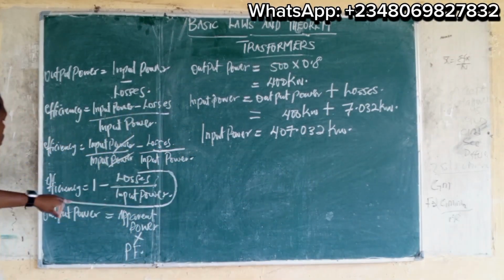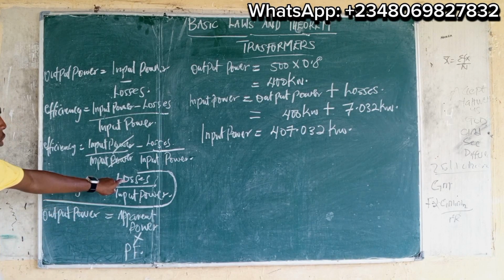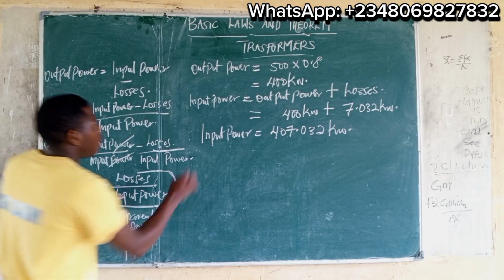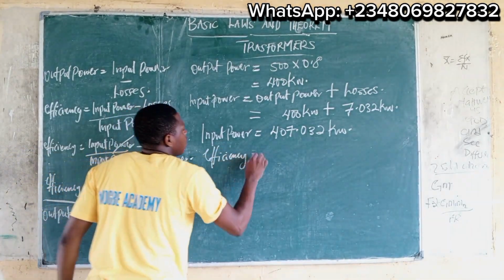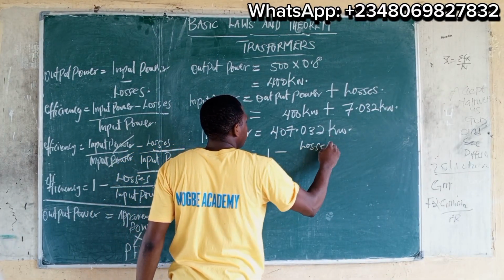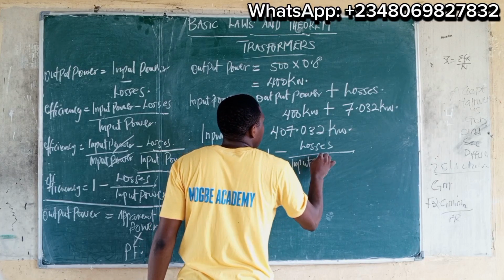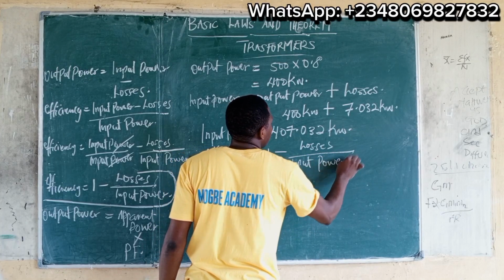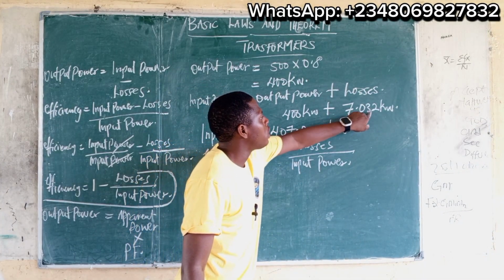What's the next thing? The next thing is to calculate our efficiency. Now we know that efficiency is equal to 1 minus losses divided by input. We already know our losses to be 7.032.